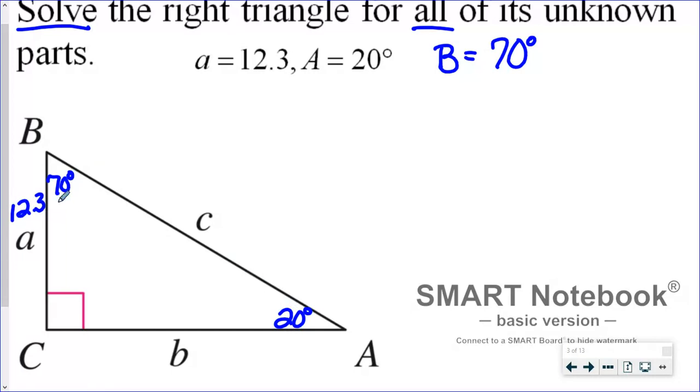If you ever round an angle, then you always want to use the angle that was given to you that's exact. Whenever possible, we always want to use exact measurements. But in this case, this is also exact, so it doesn't really matter which one you use here.